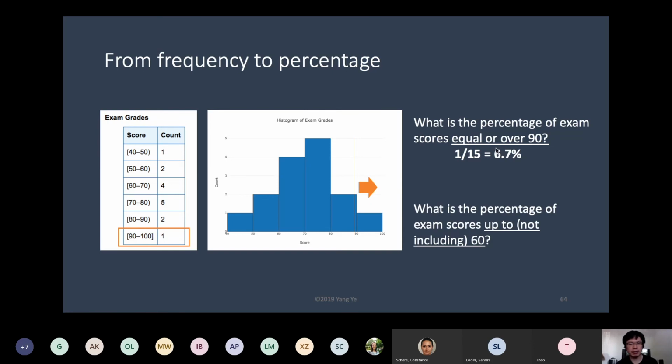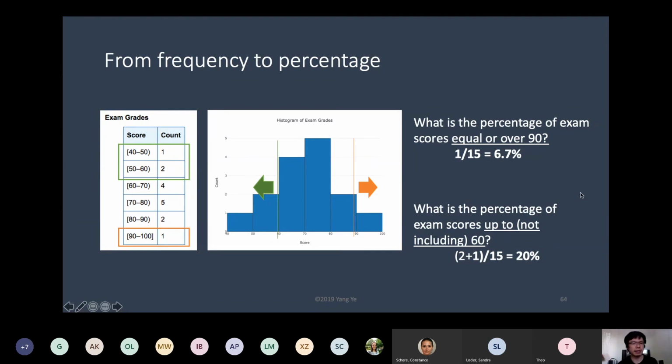We can ask another question: what's the percentage of exam scores up to 60? We draw a line at 60, and we count the frequencies to the left of 60, and take the percentage of that to the total number of counts. Again, we have 2 times 1 plus 1, divided by 15. We have 20%, right?